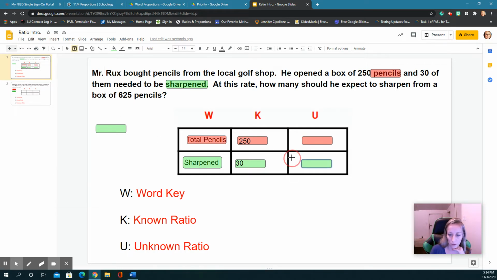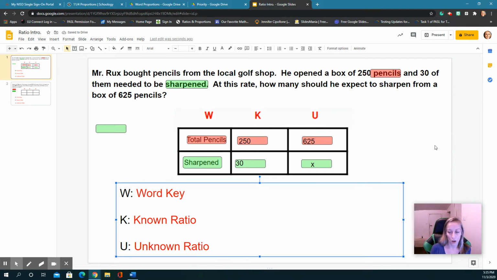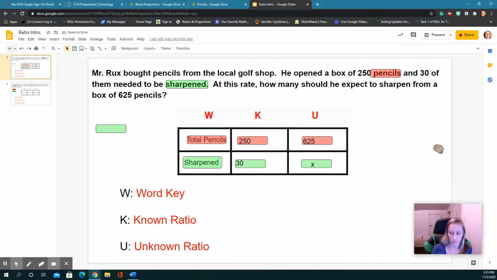So you can say sharpened is my X, my unknown value, right? But what was the total? The total was out of 625 total. So now we have set up our proportion.